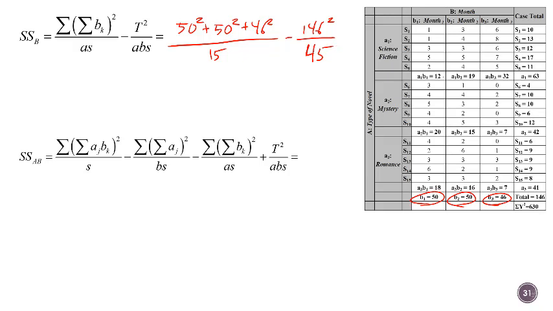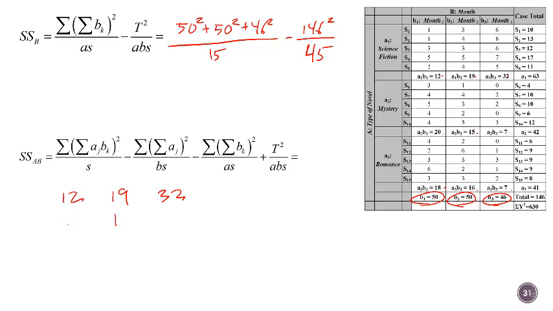Alright, for AB, there's 1, 2, 3, 4, 5, 6, 7, 8, 9 sums. So that's 12, 19, 32. Let's do it this way. 20, not 12.